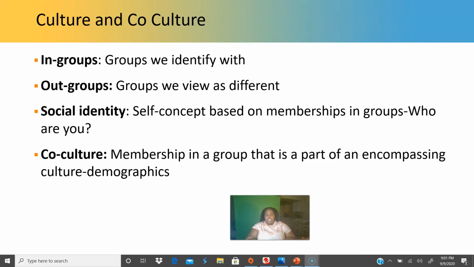So with social identity, it's our self-concept, and we will learn more about self-concept in chapter 3, based on memberships in particular groups. So who are you? In the poster assignment, whether it be online or in person, we will explore what makes us us. If I ask you, who are you?